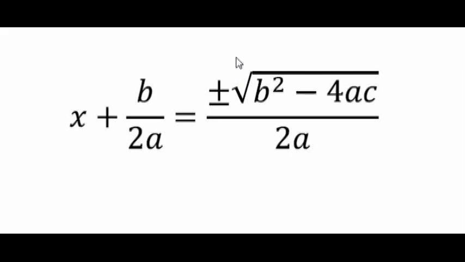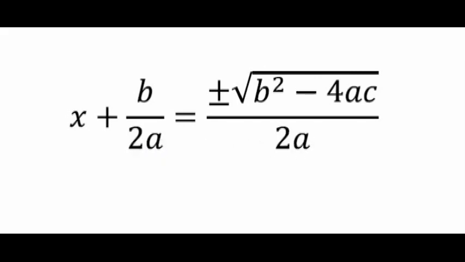For instance, the square root of 4 could be 2 or negative 2. Positive 2 squared is 4, and negative 2 squared is 4. So we have to treat both possibilities here, so plus and minus. And then if we take the square root of the bottom, which was 4a squared, we're left with 2a. And this is good news because you can see the 2a over on the other side as well.